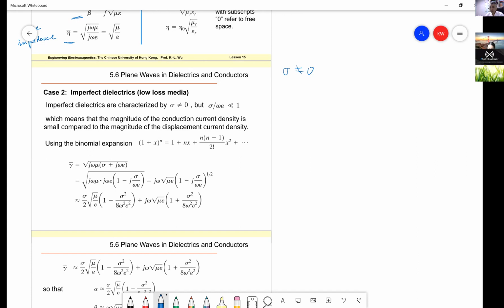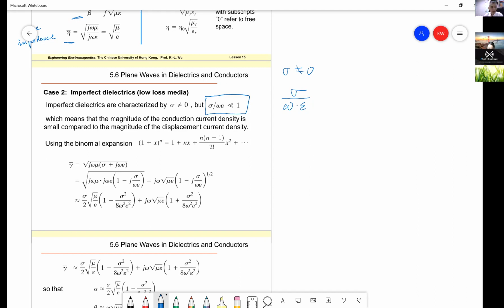Then what is the reference for us to measure whether this dielectric is low loss? It is a function of frequency, when sigma divided by omega times permittivity. Permittivity is constant, but omega is not.